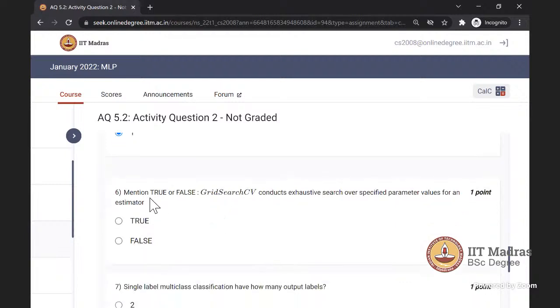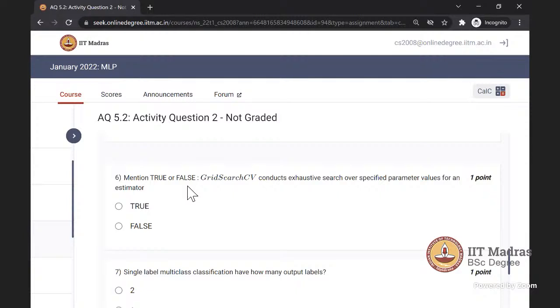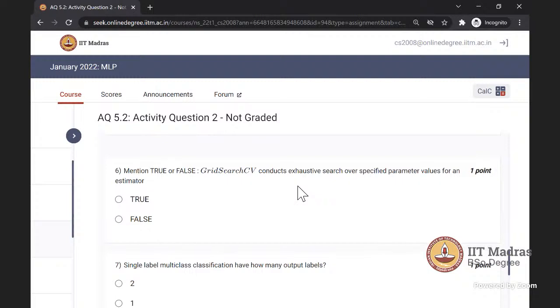Question number 6. Mention true or false. Grid search CV conducts exhaustive search over specified parameter values for an estimator. True or false? There was a discussion and it seems it is true, but I had different views. Say for example, in grid search CV, we can give discrete parameters, like when we do polynomial features, you can give degree 2, 3, 4.